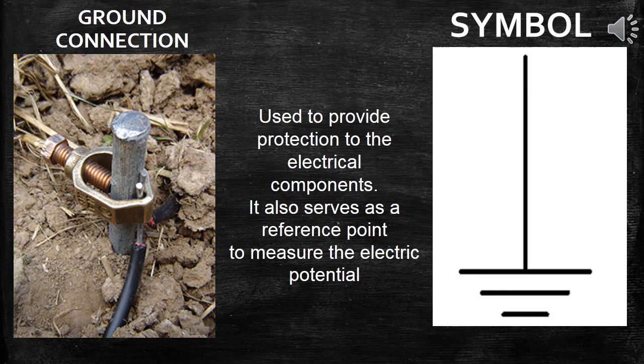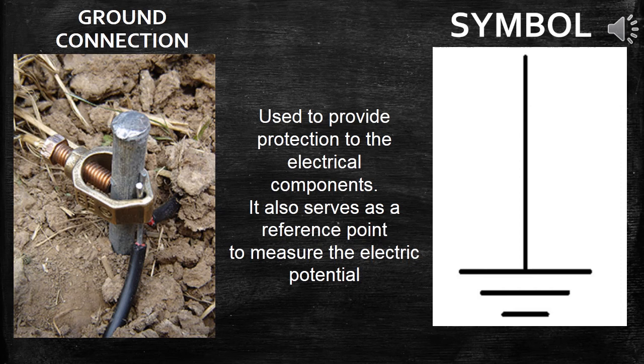If the connections are not properly given, the current may be flowing through the metallic body of the devices. If you happen to touch such devices, definitely you will be electrocuted. That is, you may be affected by electric shocks. Therefore, the body of the electrical appliances has to be separately connected with the ground. This kind of connection is called grounding or earthing.